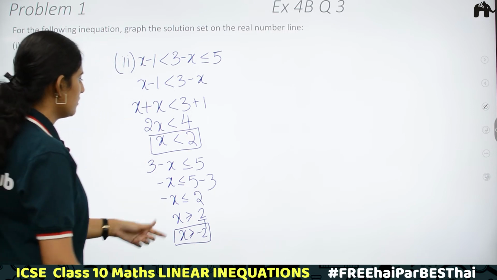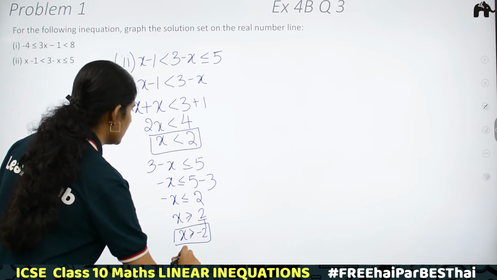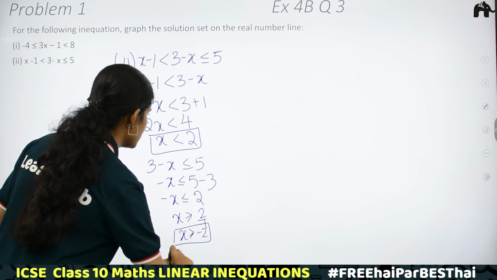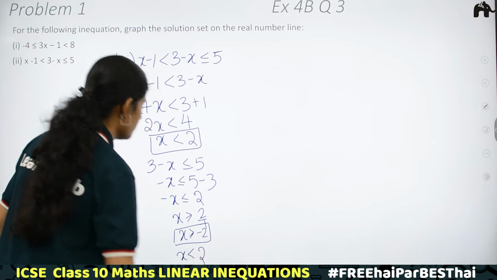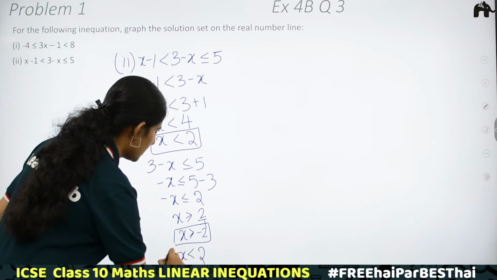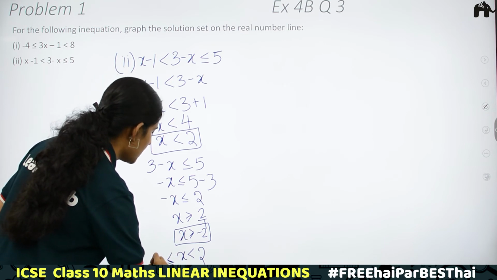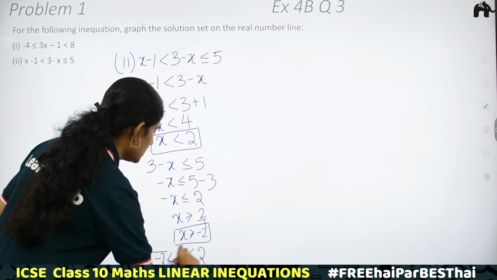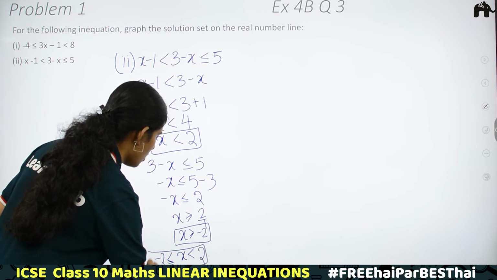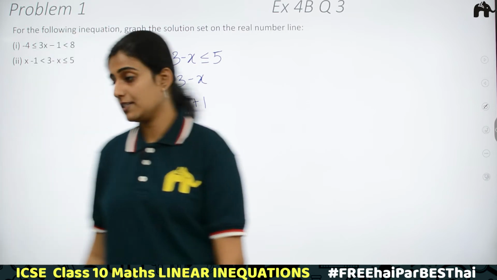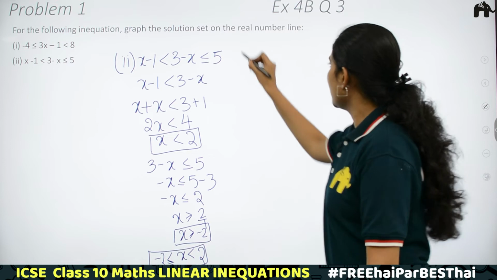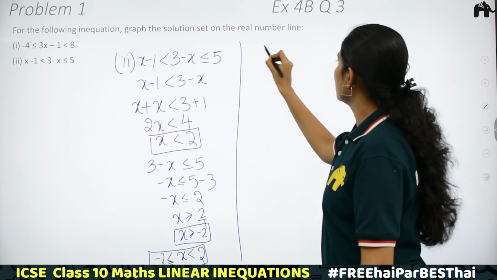Okay. From this we can write the value of x is less than 2, greater than or equal to minus 2. This is our condition of inequality. Now, let's write the solution set.